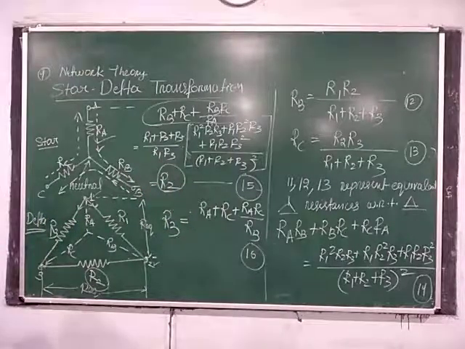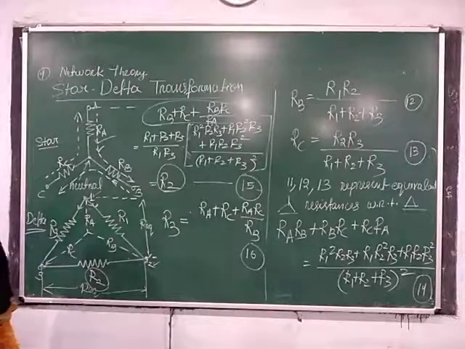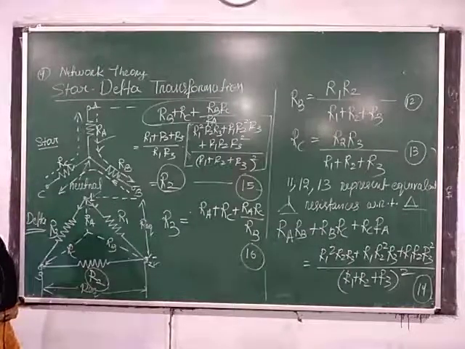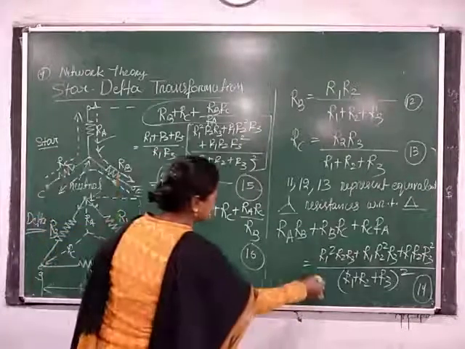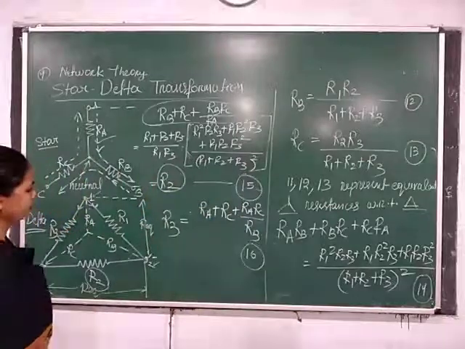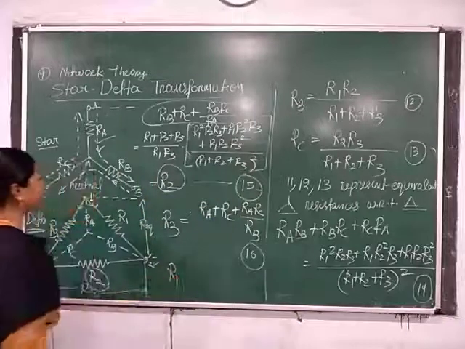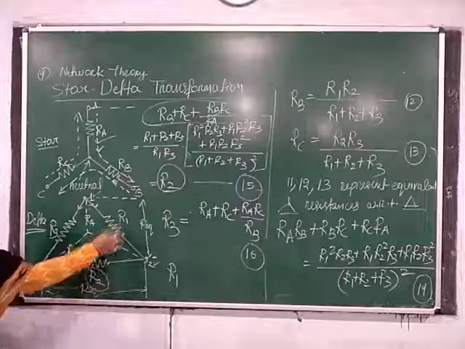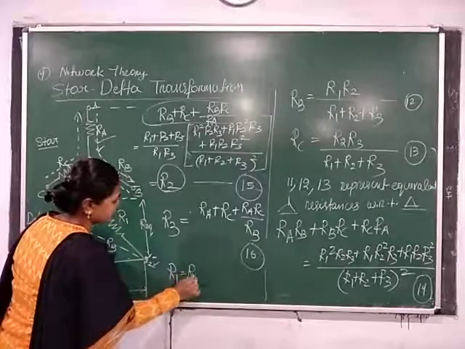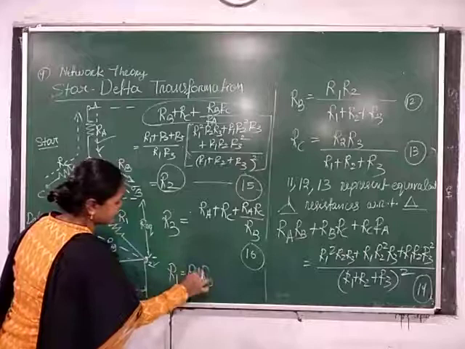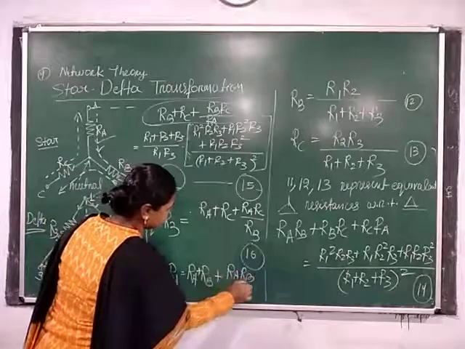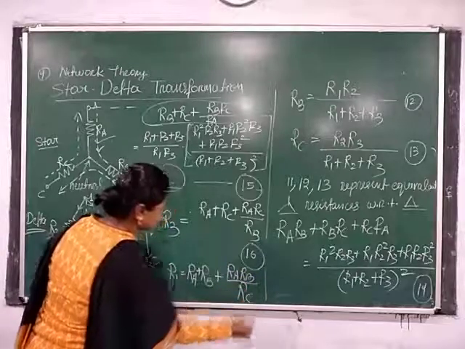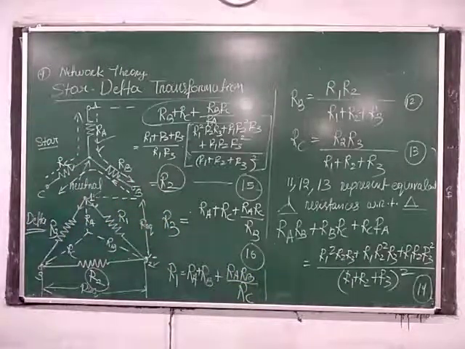Similarly, if you divide by RC in equation 14 on the two sides and put the value of RC in the right hand side, you will get R1, and its value is RA plus RB plus RA into RB by RC. Clear?